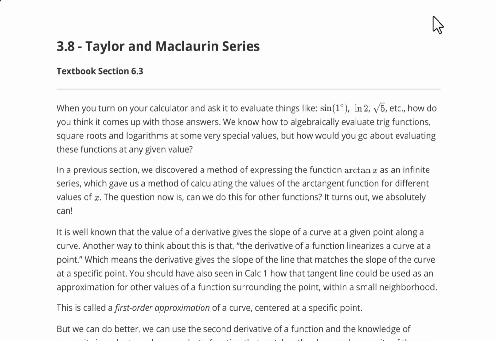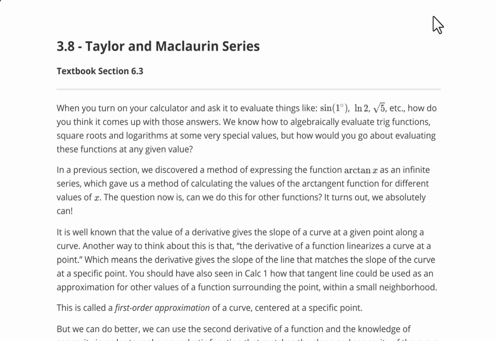And the reason is because arctangent just happened to have a derivative that is a rational function, which we were able to apply polynomial division to in order to come up with an infinite series that would allow us to integrate and come up with an infinite polynomial for the arctangent function.